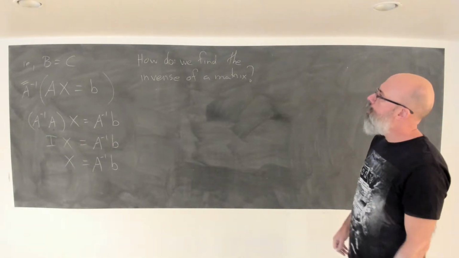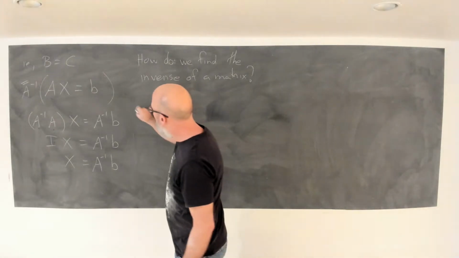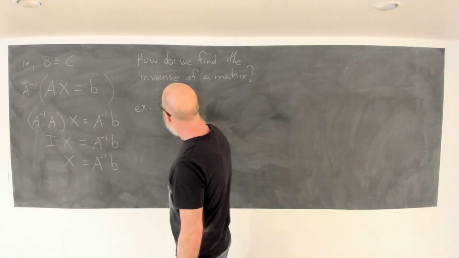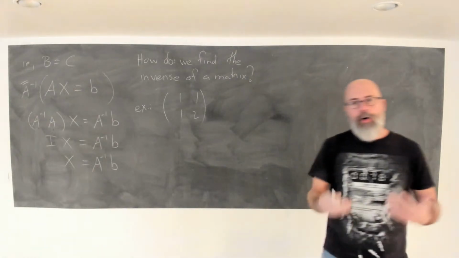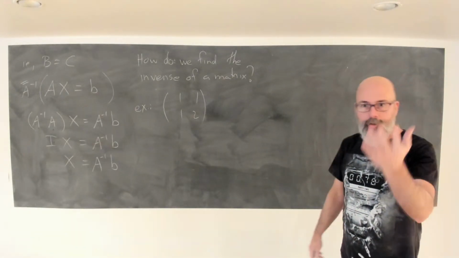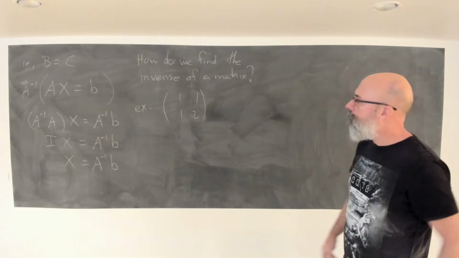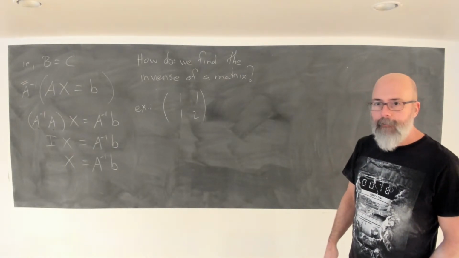So we're asking the question, how do we find the inverse of a matrix? Let's take an example to illustrate. We saw what the inverse of this matrix was. It was given to us. But what if it wasn't? What are we looking for?